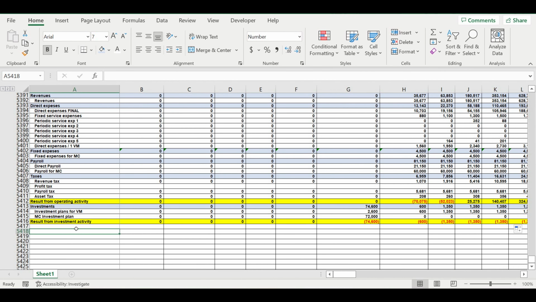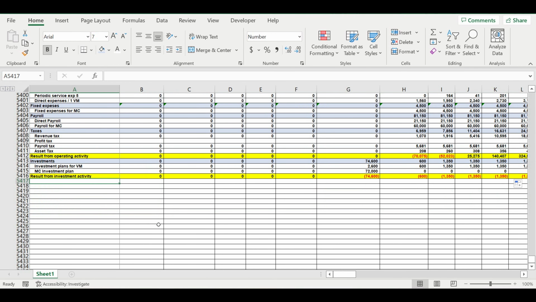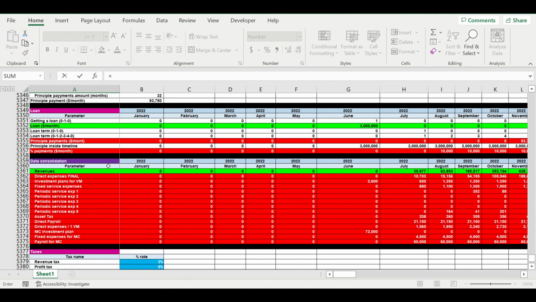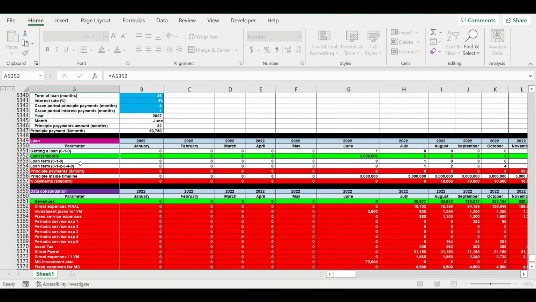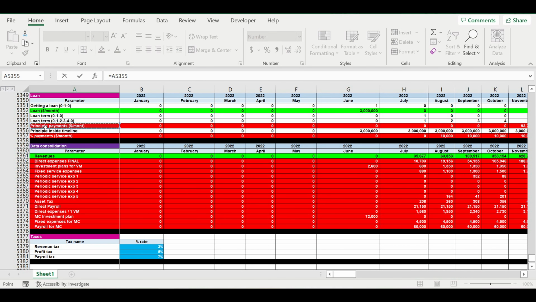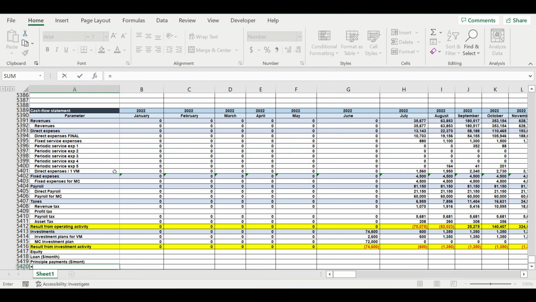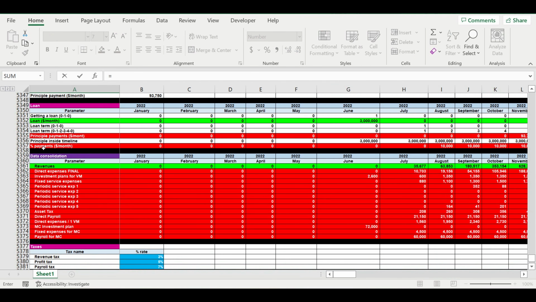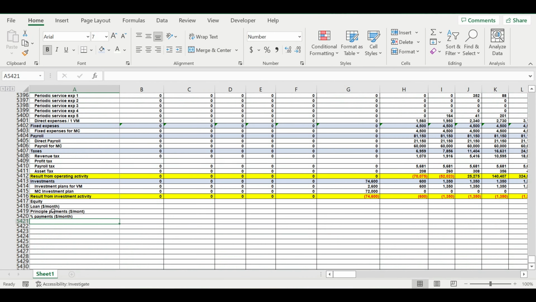Then we are moving to financing activity. This is equity, or our money from our own pocket. Then we have the inflow of loan. Then we have payments for principal, and we have interest payments. This will be the input.